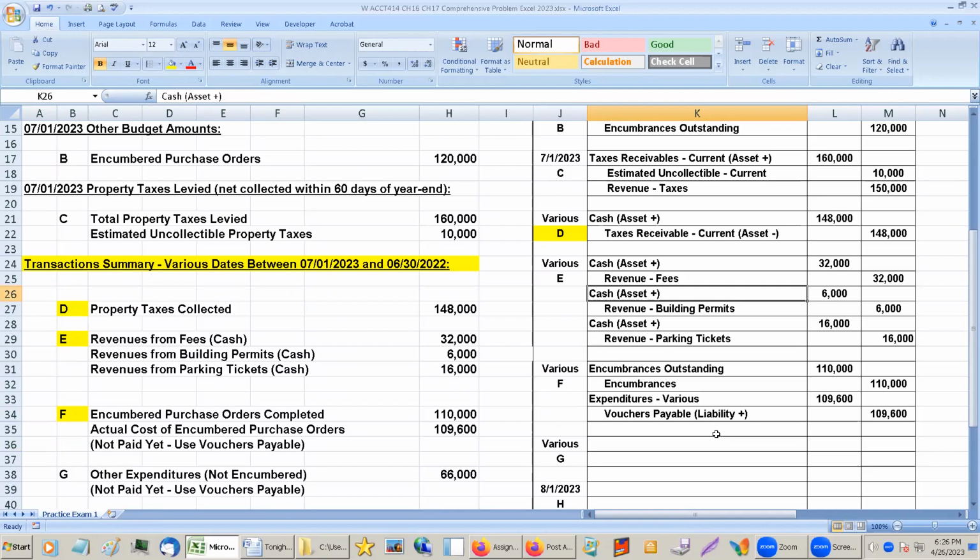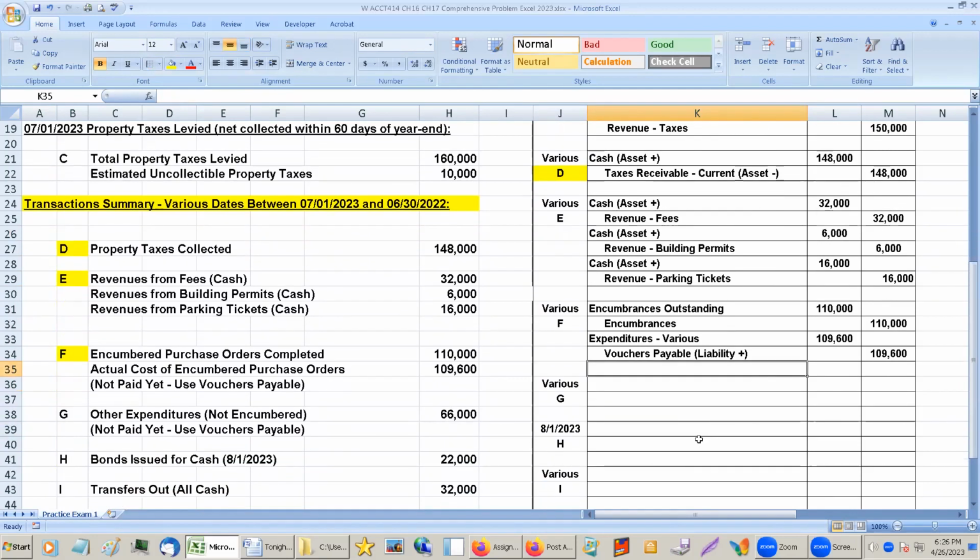All right, other expenditures not encumbered. Some expenditures are not encumbered, and those are usually ones that are recurring. For instance, employee salary, that's one of those things that everyone knows has to get paid. So a lot of times those things are not encumbered.